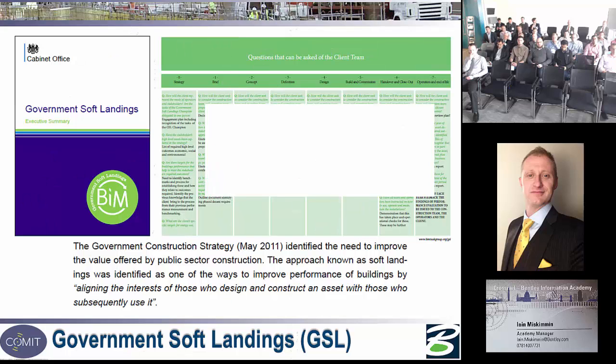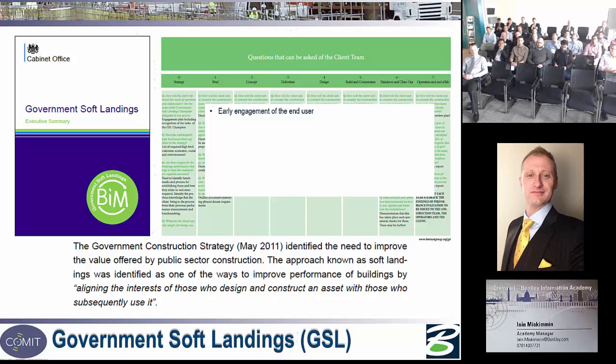One of the other documents that came out was the Government Soft Landings. Now, they identified a need to improve what we were delivering and also how we procured our assets in the public sector. To do that, we needed to initially make sure that there was an early engagement of the end user.